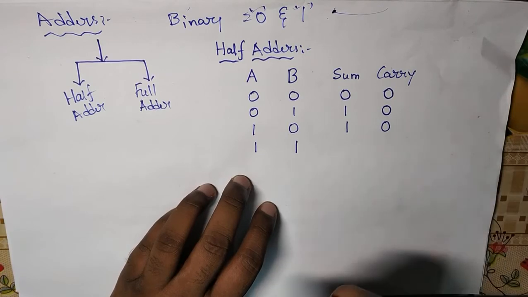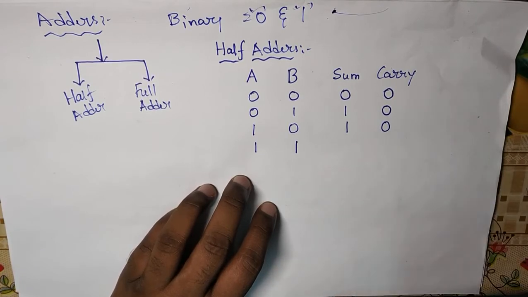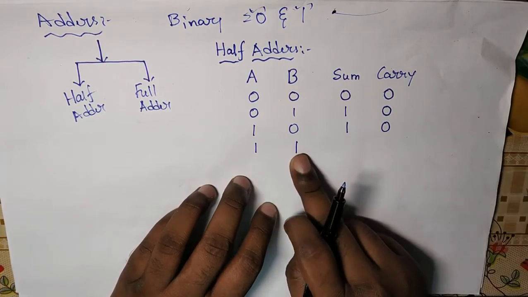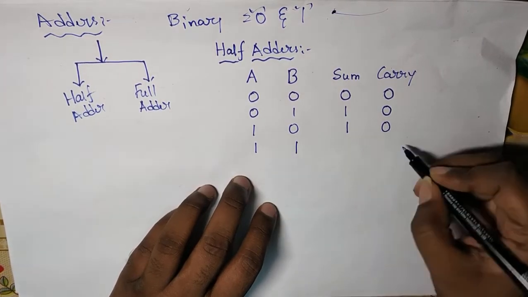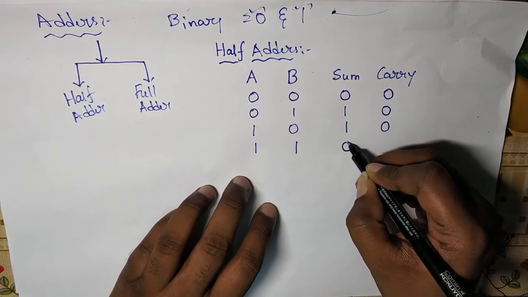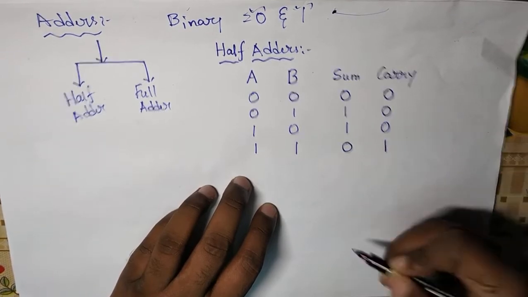The same value 2 is represented in binary as 1 0. Where does this 1 go? This 1 becomes a carry. So the sum value will be 0 and the carry value will be 1.